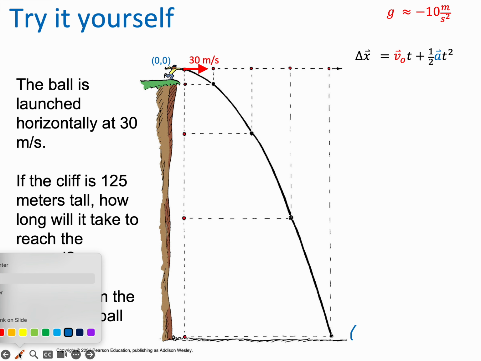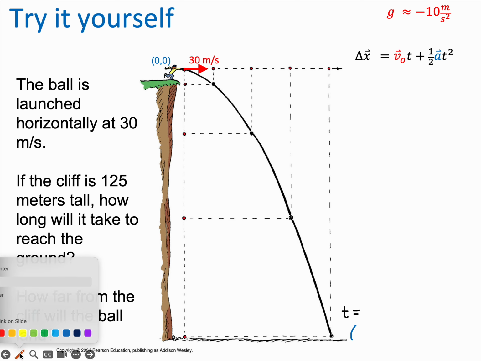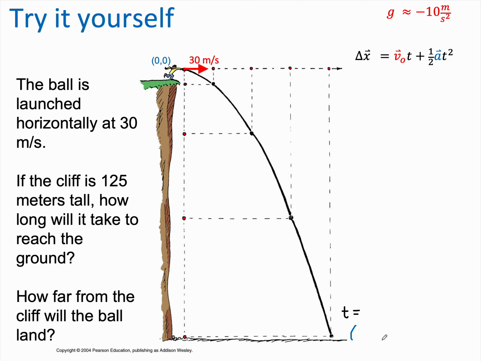First part of it is we want to figure out what time the y position will be, and if you're thinking about this, when the y position of our coordinates is going to be -125. In other words, when is y going to be 125 meters below where we started?